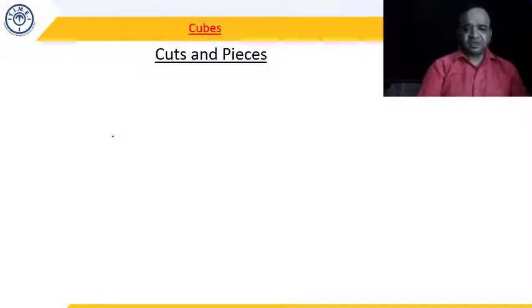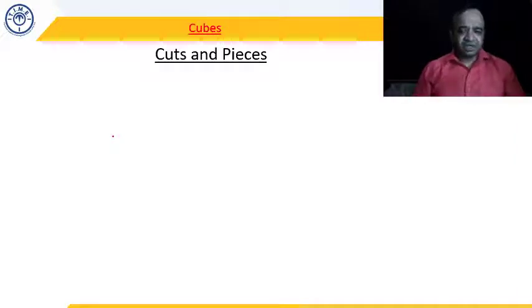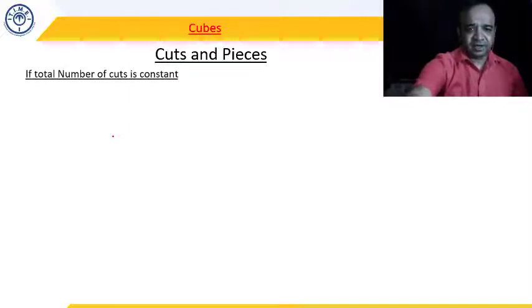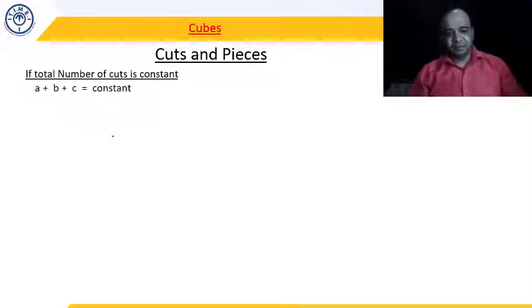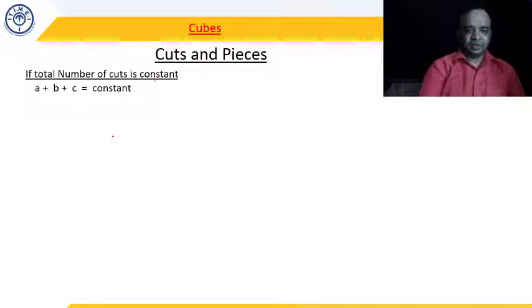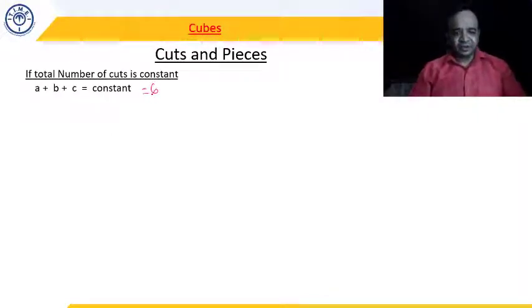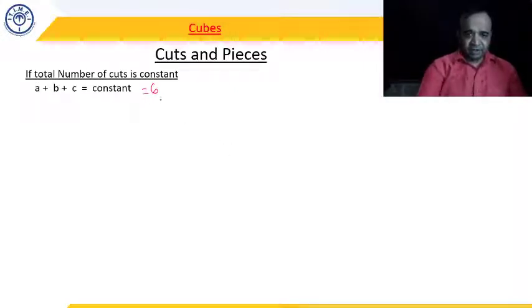Suppose I am talking about 6 cuts, total 6 cuts applied. A plus B plus C equal to 6. I'm just taking one example to explain first. Then the distribution of these cuts will be different here.